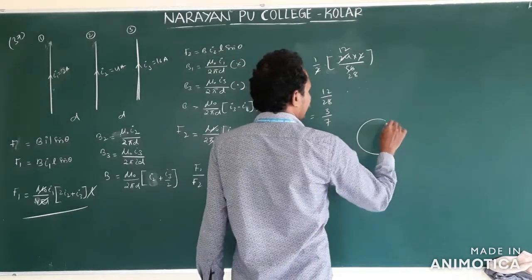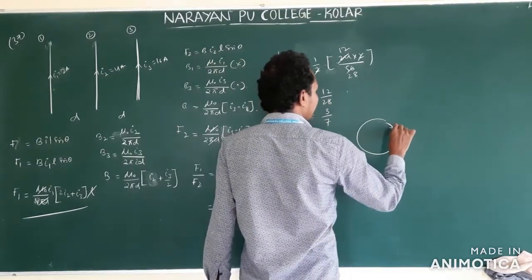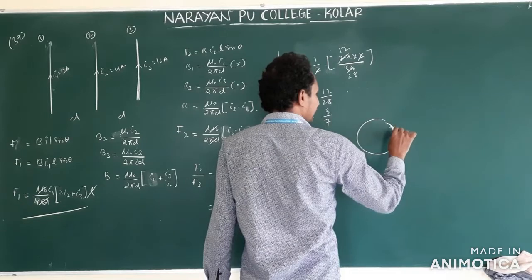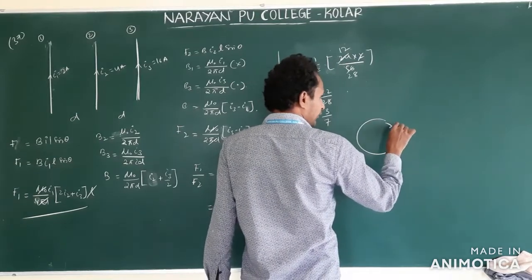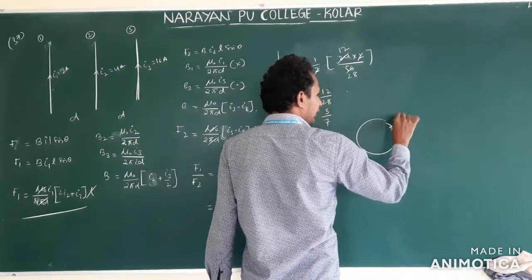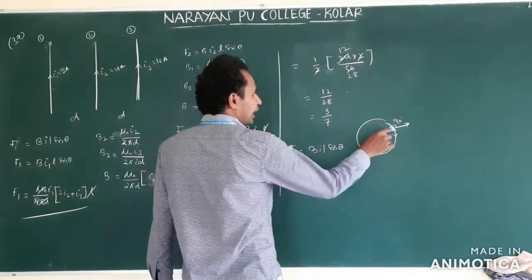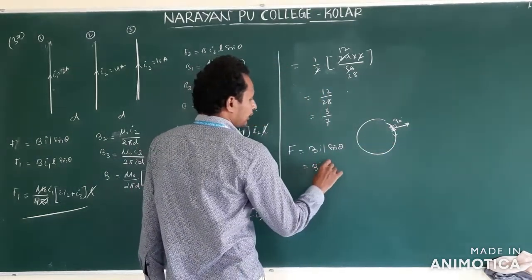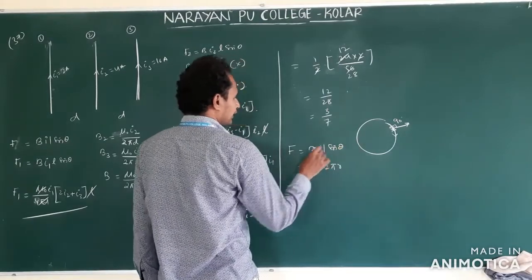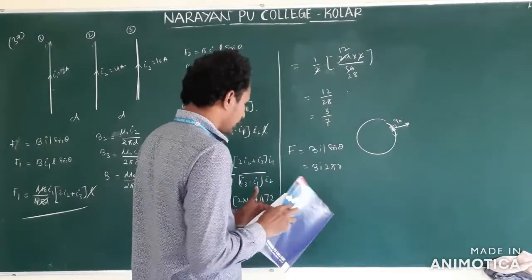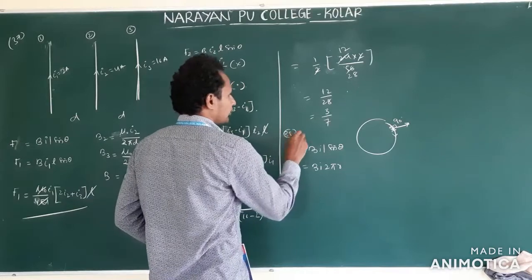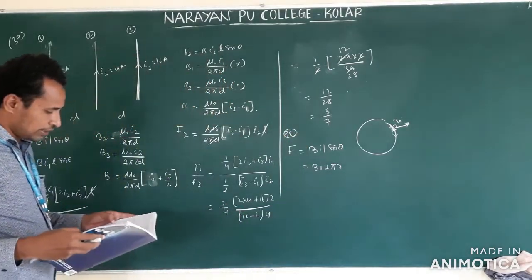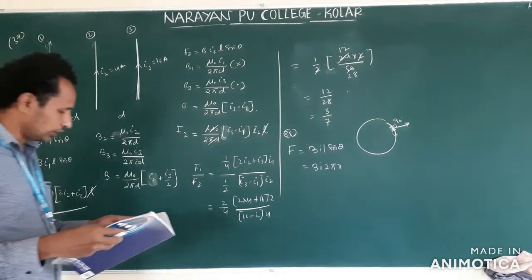If you take a small element here, the current is acting in this direction and the field in this direction. What is the angle? 90 degrees. If you add all these small elements, what do you get? 2 pi r. So B I 2 pi r, with theta 90. This question is number 38. Understand?